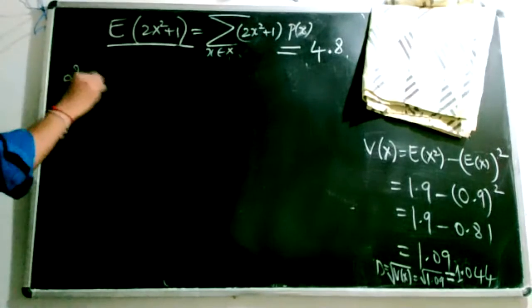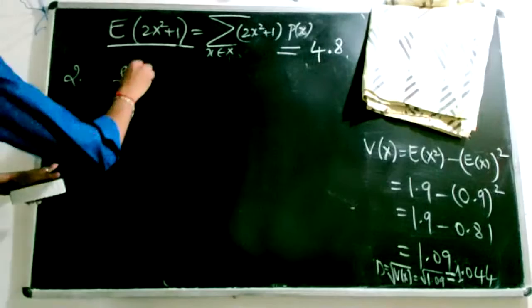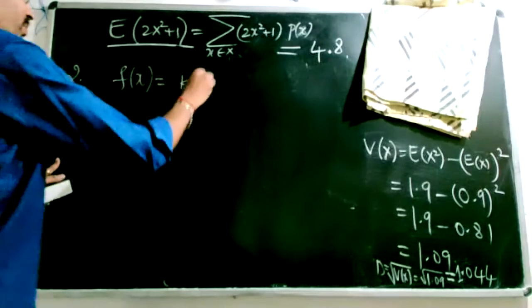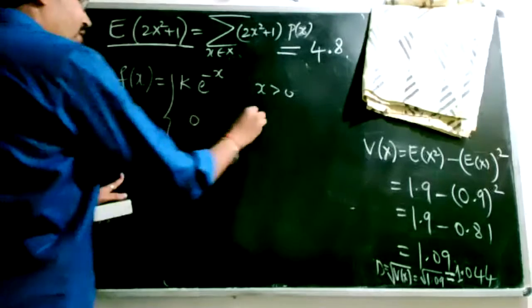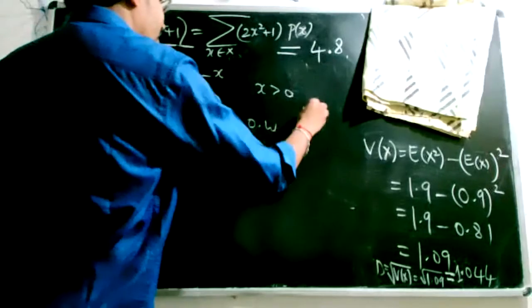Take another problem. f of x is equal to k e power minus x for x greater than 0 and 0 otherwise, is a PDF.